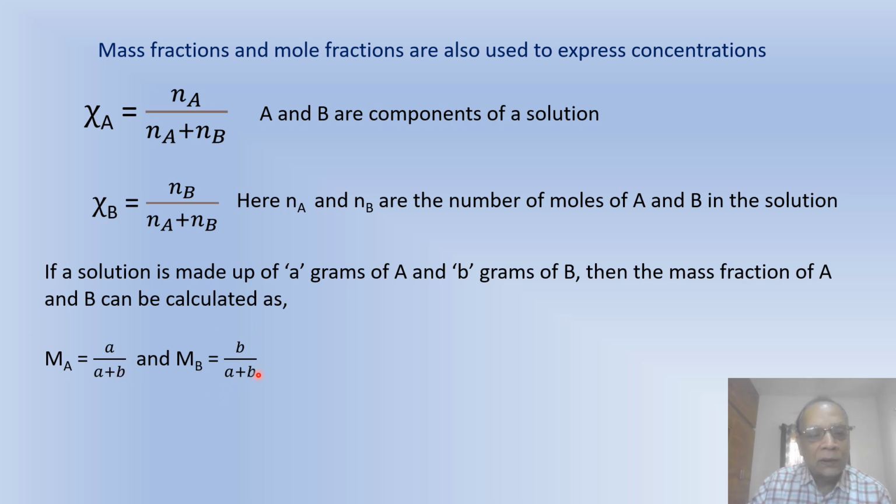So this usually is used in, or can be made use of, in solid mixtures, because in a solid liquid mixture the solid will be there. It may be in the same phase as the liquid or may not be in the same phase as the liquid, but liquid has to be measured in terms of liters or centimeter cube or milliliters or deciliters, whatever it may be.